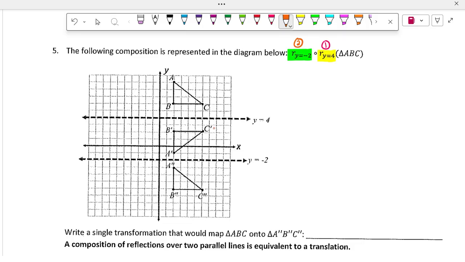So this was the image they got after they reflected the first time. This is the image they got after they reflected the second time. Here's my question. How could I write this as a single transformation? So if I cut out the middleman, if I just go straight from 0 to 2, so if I cut out this step right here, how can I go from here to here in one transformation?